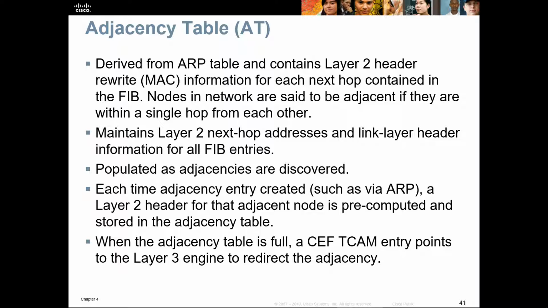It is populated with adjacencies as they are discovered, and each time an adjacency entry is created, such as via an ARP request, a Layer 2 header from that adjacency node is pre-computed and stored in the adjacency table. Adjacencies, or rewrite information, and statistics are maintained by specialized components. CEF maintains a one-to-one mapping of CEF to adjacencies for accurate statistical tracking.